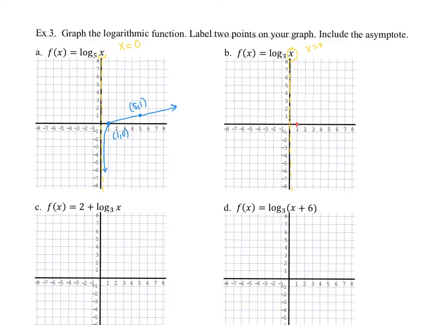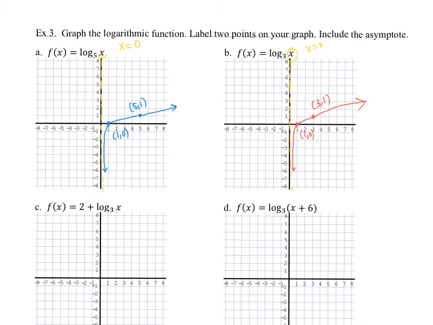Because this function is base 3, I'm going to plug in x as 3 because the log base 3 of 3 is 1. So 3, 1 is on my graph. Let me label these because I told you to label them. 3, 1. Those 2 points are enough to give me a good idea of what's happening. It's going down along the vertical asymptote, and then it's going to head up that way.